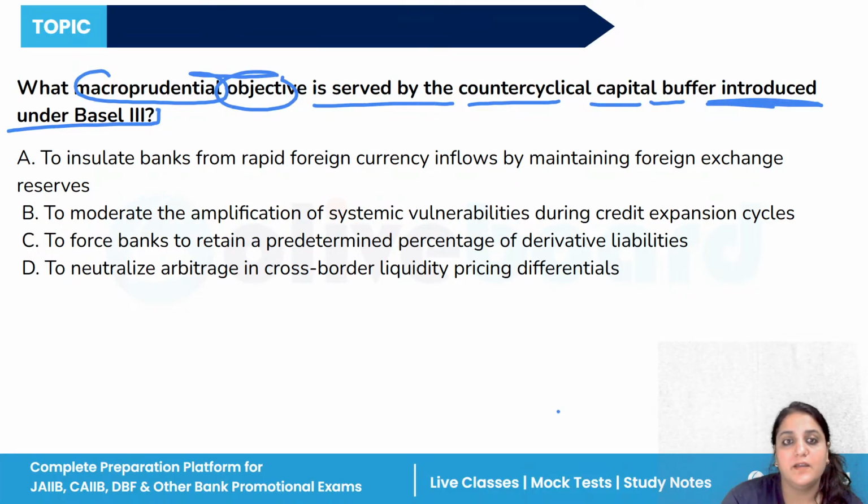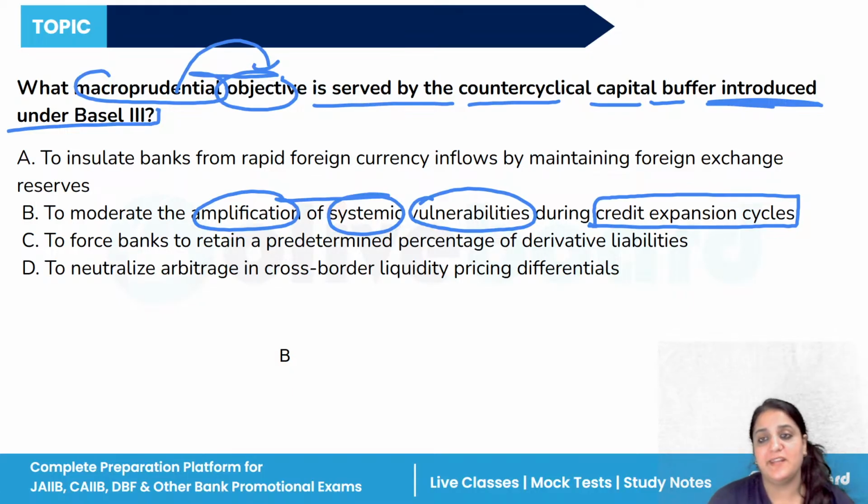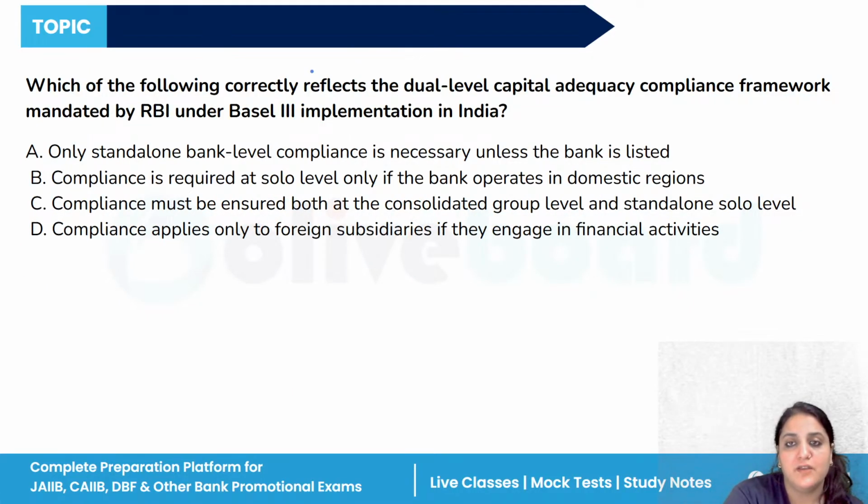I think the correct answer is they are moderating the systemic vulnerabilities during credit expansion cycles. These are the macroprudential objectives. They are moderating the amplification of systemic vulnerabilities during the credit expansion cycles.